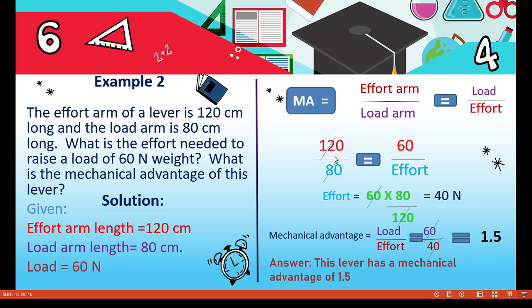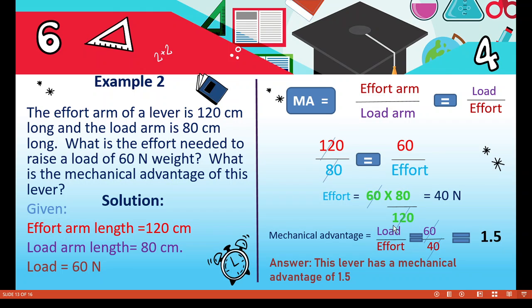Effort is taken inside, 80 is taken as a cross multiplication, 80 is taken to the numerator on the right hand side, and 120 goes to the denominator on the left hand side. So 60 straight away you can cancel here. So 0 will get cancelled. 1 6 is 6, 2 6s are 12.